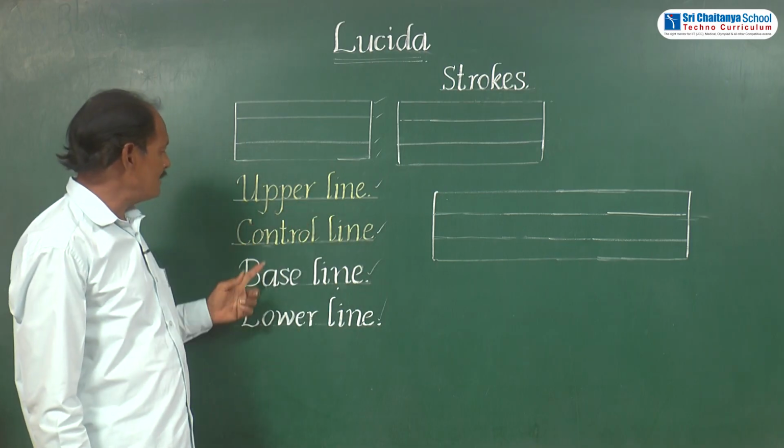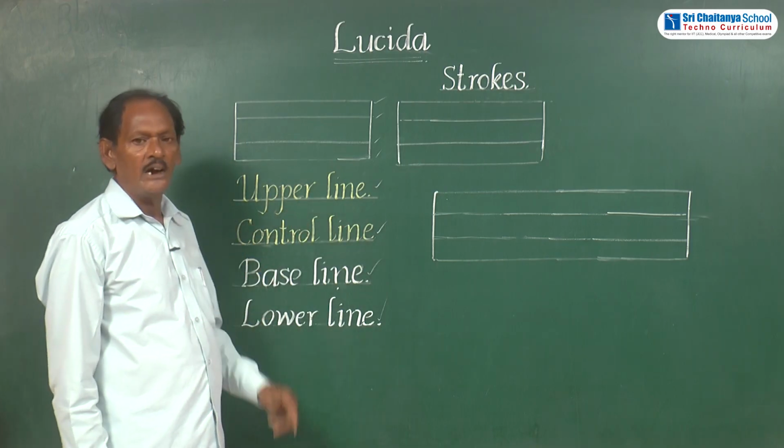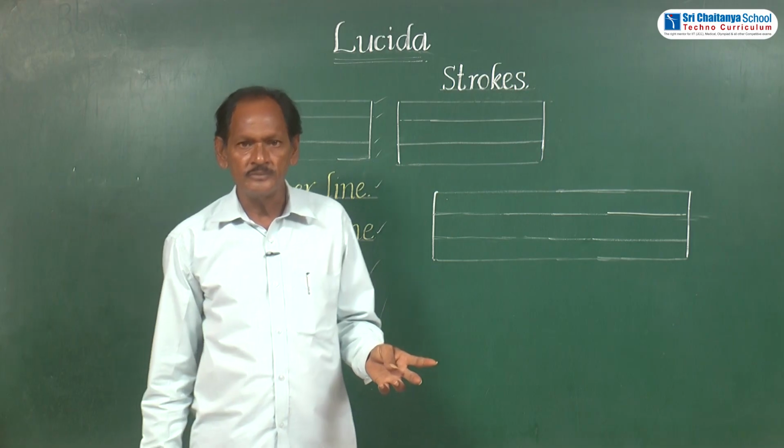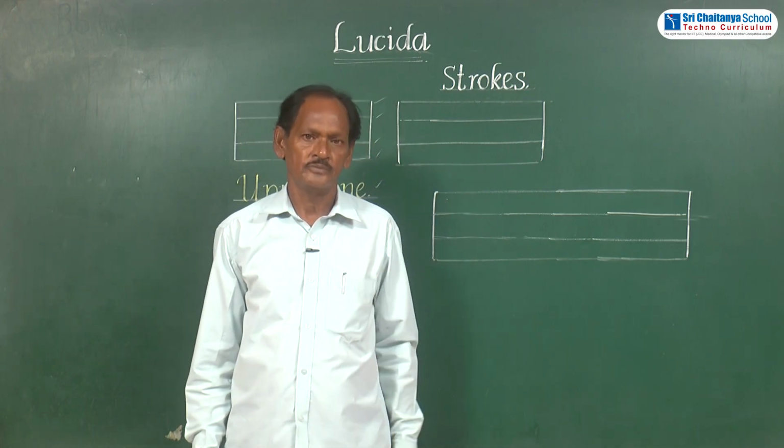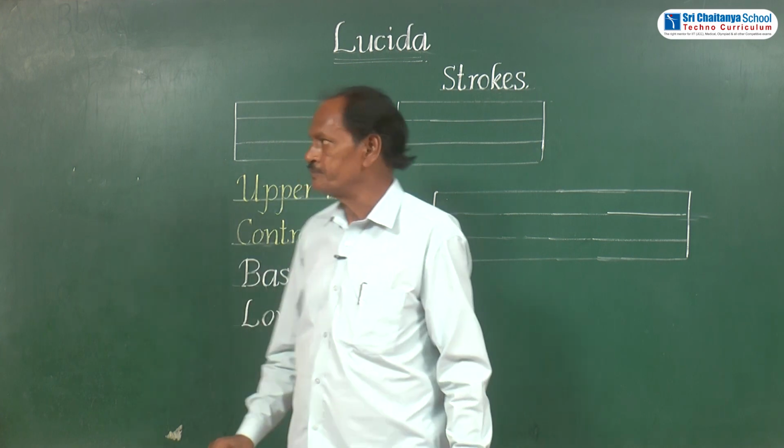These 4 lines make 3 zones. They are the upper zone, the middle zone, and the lower zone. What is the upper zone?